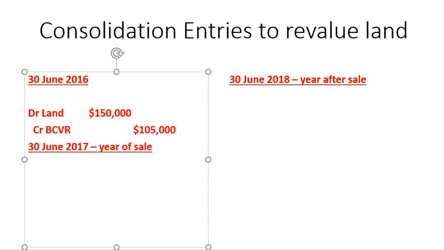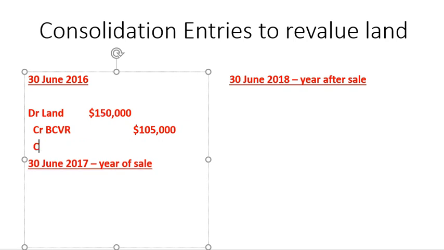Now, this is because what would happen if we were to sell this land? We'd make a gain of $150,000. So the owners of the company would be entitled to that gain, but they'd pay 30% tax on that gain. So the actual amount they'd receive in the end is only $105,000.